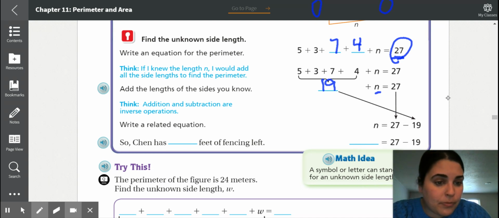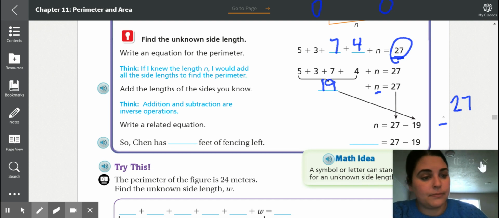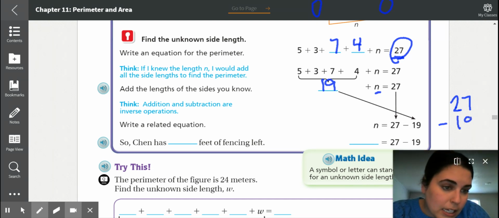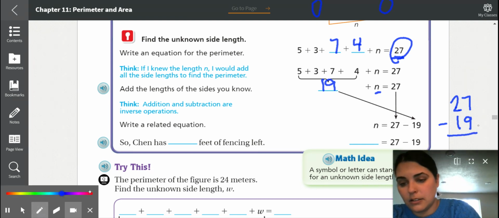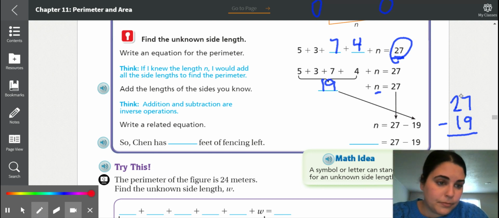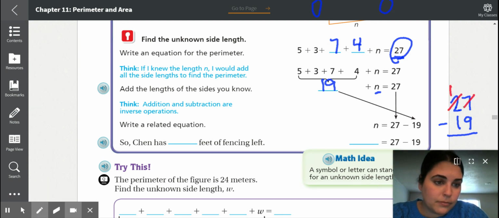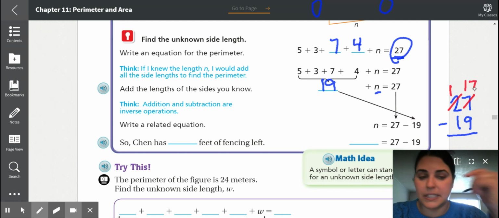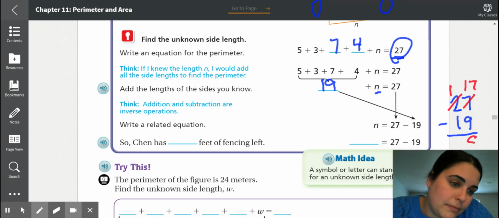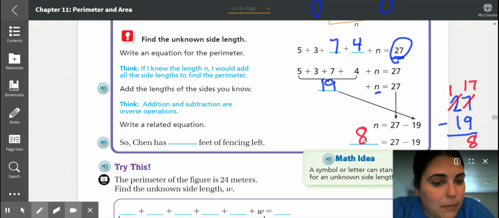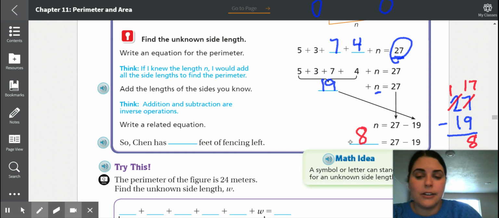So if you need to, you can do 27 minus 19. Okay, and then we'll have to regroup. That becomes a 17. 17 minus 9 is 8. So we know that the missing side is 8. So Chen has 8 feet of fencing left.